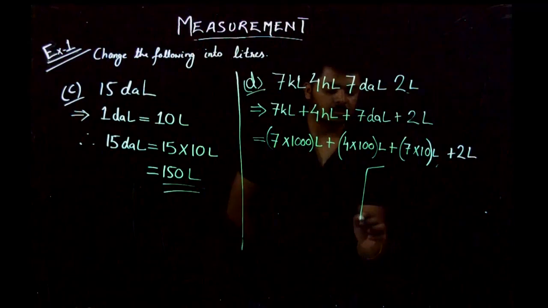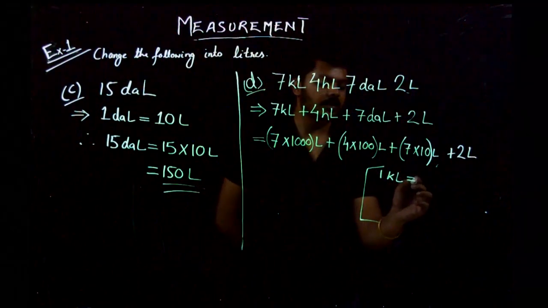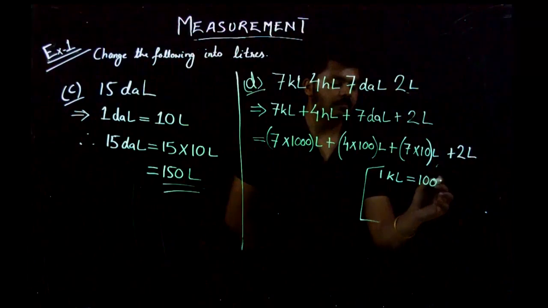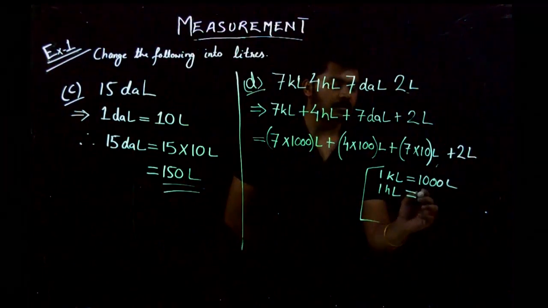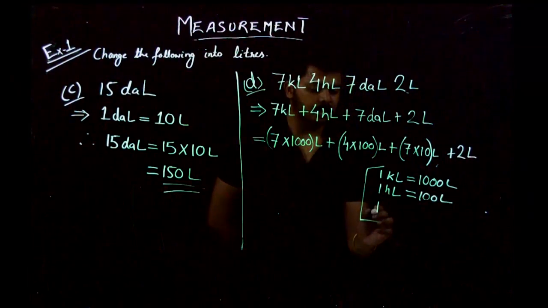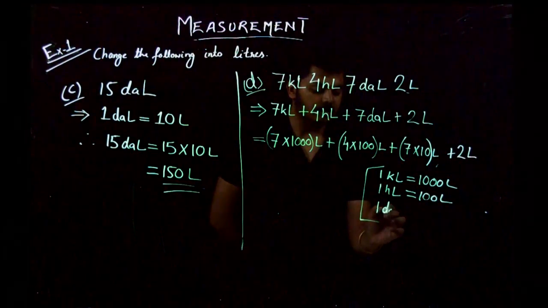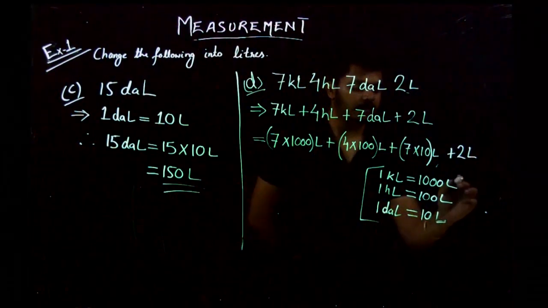We know that 1 kiloliter is equal to 1000 liters, 1 hectoliter is equal to 100 liters, and 1 decaliter is equal to 10 liters.